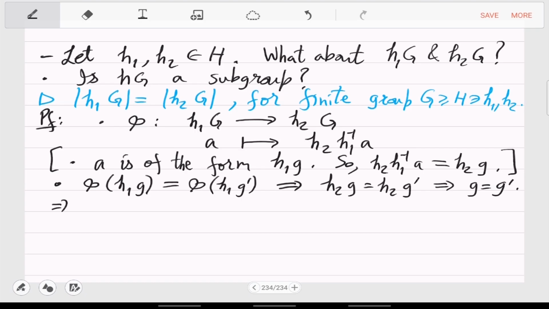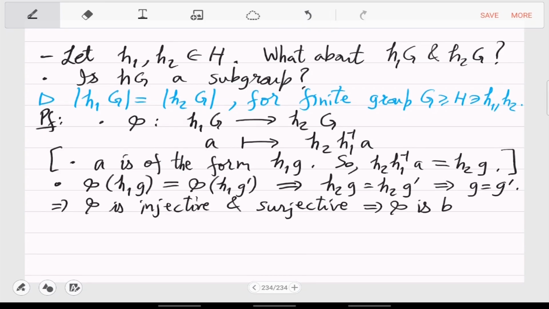So this means that phi is both injective and surjective. So phi is a bijection. Right, so that means that the sizes are the same.